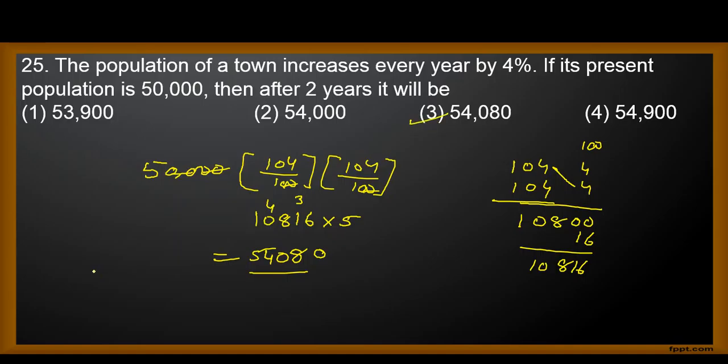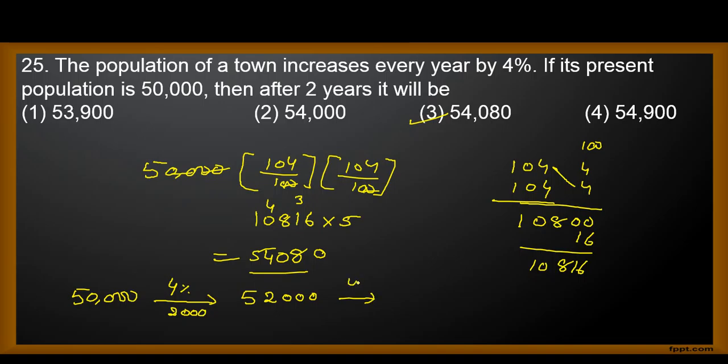The other way of solving this question, take 50,000. Okay, 4% increase. What is 4% of 50,000? 1% is 500, 4% is nothing but 2,000. Now the population has become 52,000.